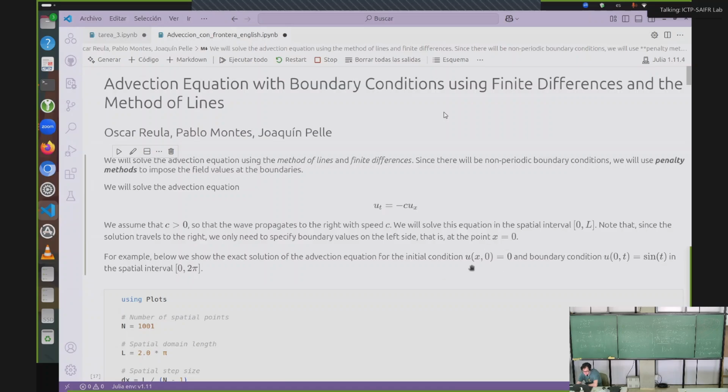Here we have an initial data which is completely flat, zero everywhere, but then at the left we will put some condition, which in this case is a sine wave. So we expect that at the left the solution goes like a sine, and this starts propagating because we have advection to the other side.